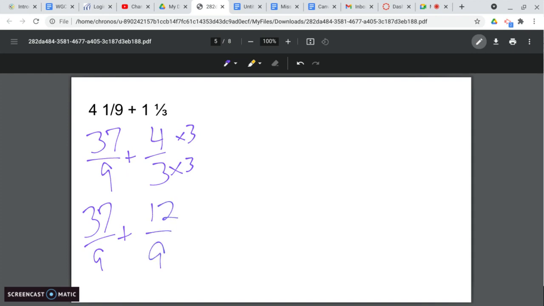So we'd have 12/9. So 37 plus 12 is going to give us 49/9. And so then 49/9, 9 can go into 49 5 times, which would be 45. And then 4 left over, so 5 4/9.